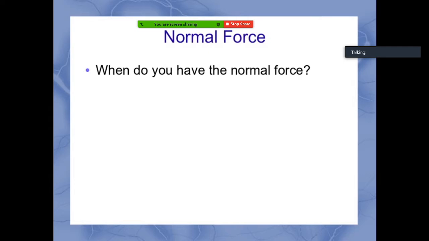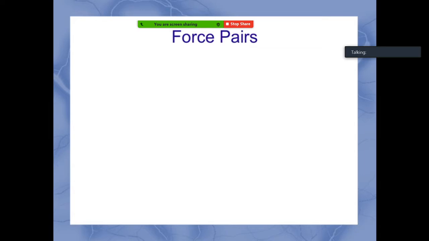Now, when do you have the normal force? Anytime you have solid surfaces in contact with each other. The normal force is the force that prevents those solid objects from going through each other. Now, from Newton's third law, we know that forces come in pairs. So let's understand that in terms of a normal force.